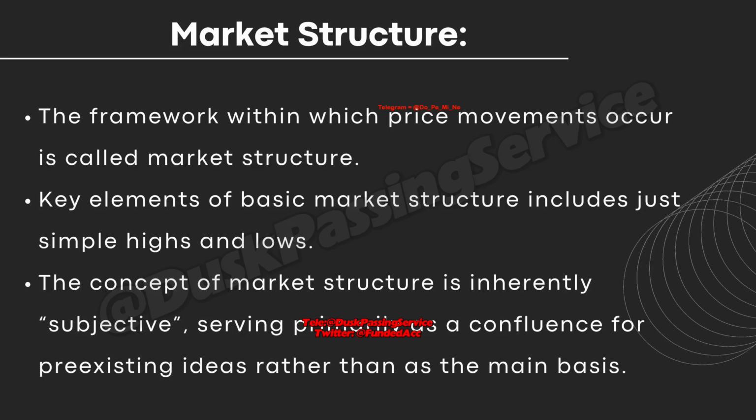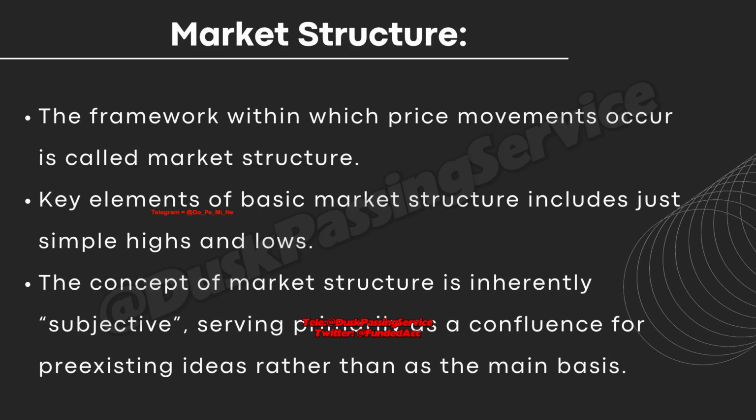If you approach it basically with just highs and lows and generate trade ideas based off of that, then that means you're using basic market structure. But if you're using advanced methods to approach those highs and lows with a more logical and slightly more objective framework, then you're approaching it with a more enhanced perspective.